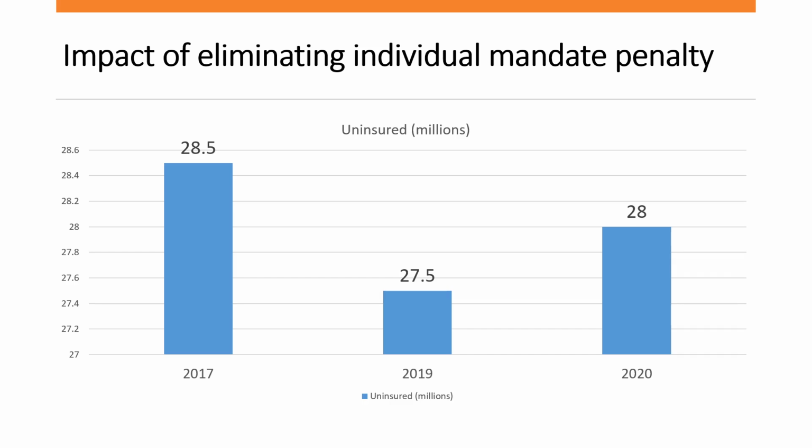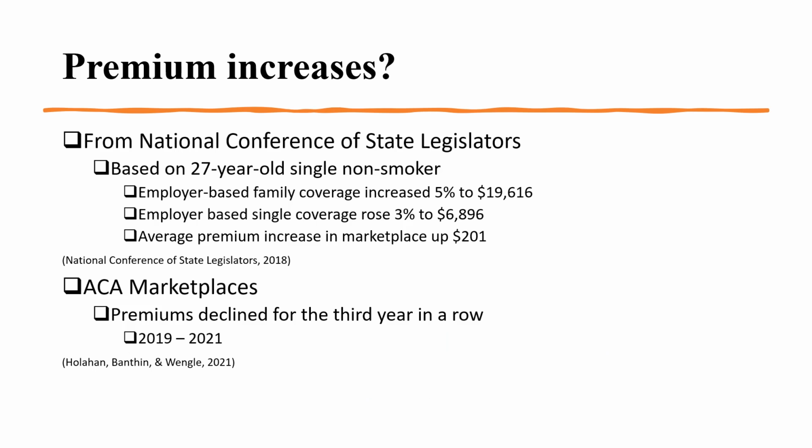And then the other thing that they estimated was that premiums would increase. And these are just numbers that were pulled based on a 27-year-old single non-smoker. And during this period of time, the employer-based coverage for family coverage increased by about 5%. Employer-based single coverage rose about 3%, and an average premium increase in the marketplace was up about $201.